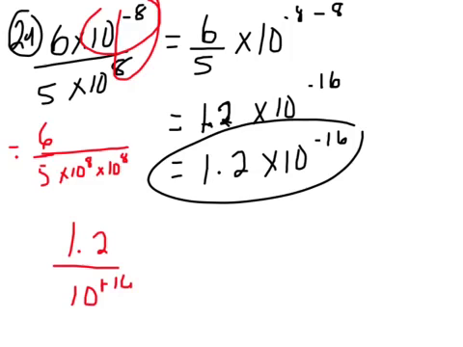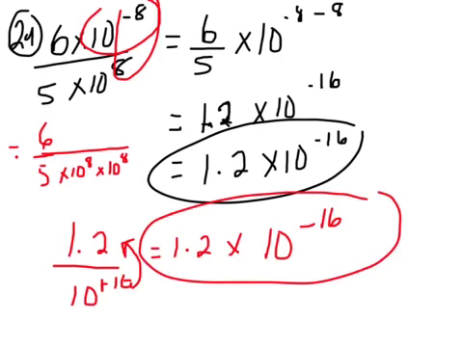It would have been 10 to the positive 16th on the bottom, but because we don't write that way in scientific notation, when I went to move this to the other side, it wouldn't like it. Remember, the exponents are not happy if they're negative and happy if they're positive. I can force that on the top. The 10 might not be happy about it; it's going to be negative because it doesn't like moving to that other side. But that's how I could look at doing it another way if you're thinking, well, let me move these things around. I would suggest that the more straightforward way is to just subtract them and put them on top. That way you don't have to be moving stuff back and forth in these problems. They're just a little different than some of the other things we've done.